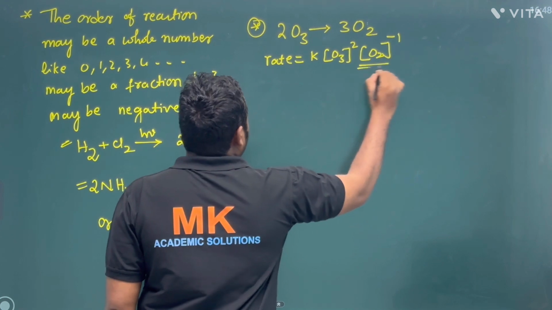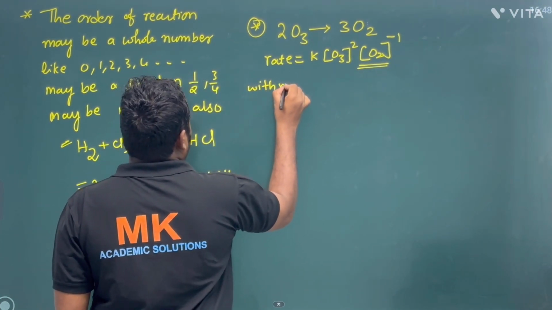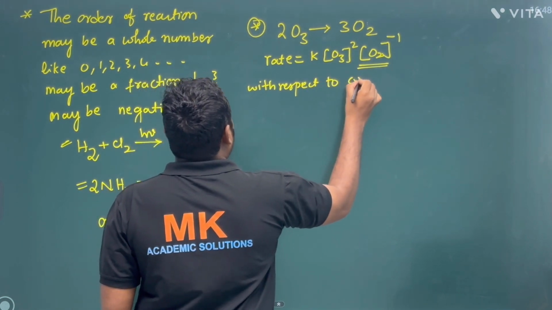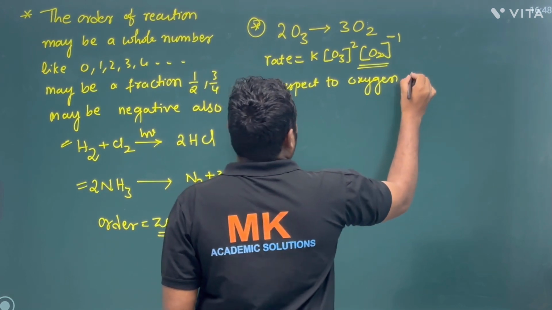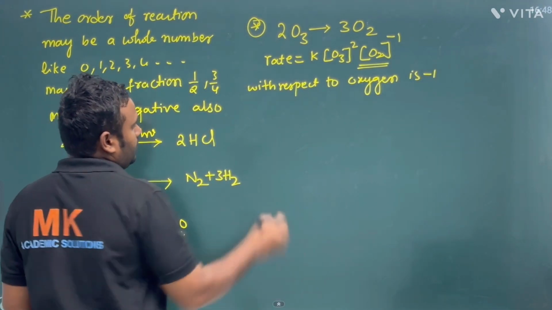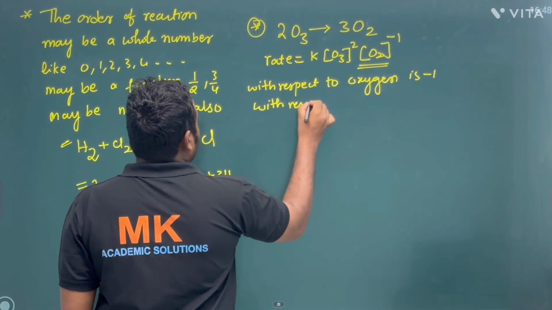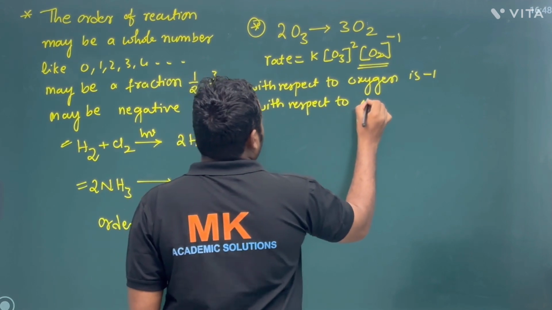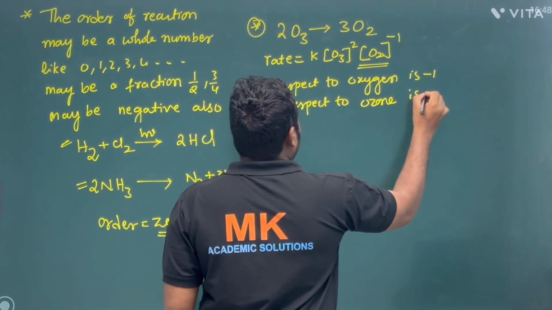So here, with respect to oxygen it is negative 1, and with respect to ozone it is +2.